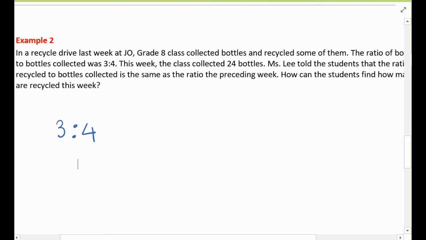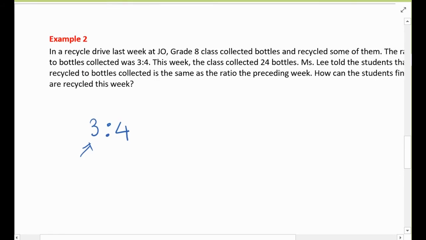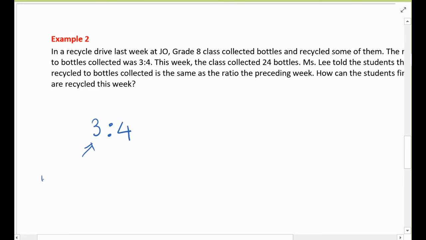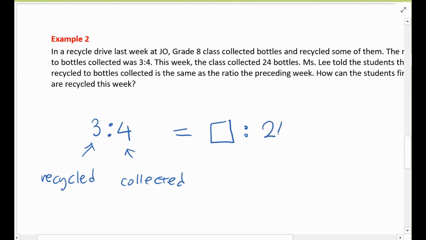Okay, so this is the number of bottles recycled, and this is collected. And we collected 24 bottles. So we don't know how many bottles were recycled yet, but we know that 24 bottles were collected.